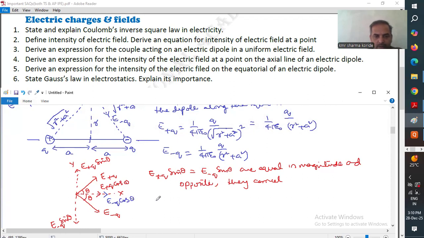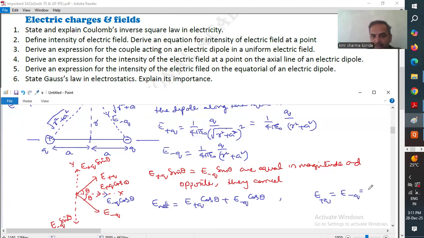So therefore, E net is equal to the component of E due to the positive charge plus the component of E due to the negative charge. But in magnitude, E plus Q is equal to E minus Q because the magnitude of the charge is the same.